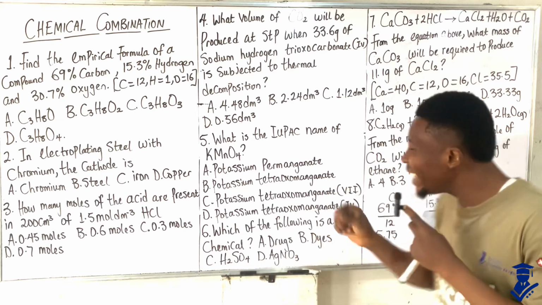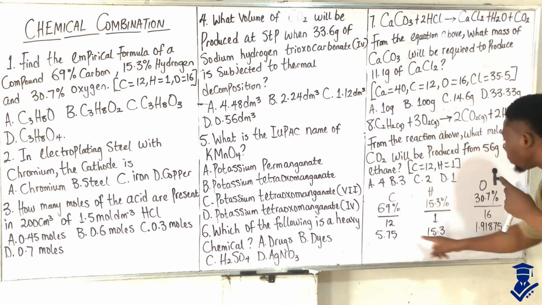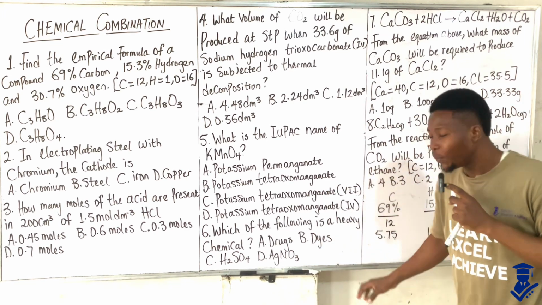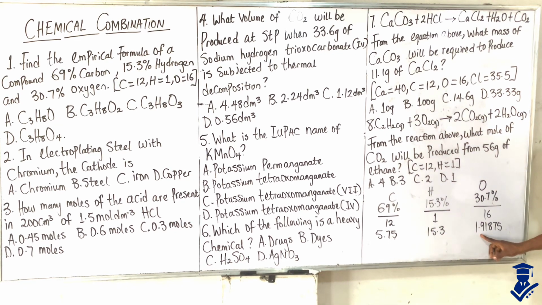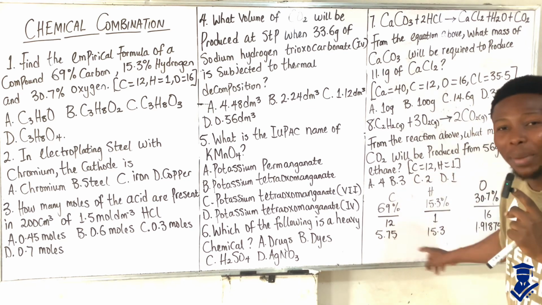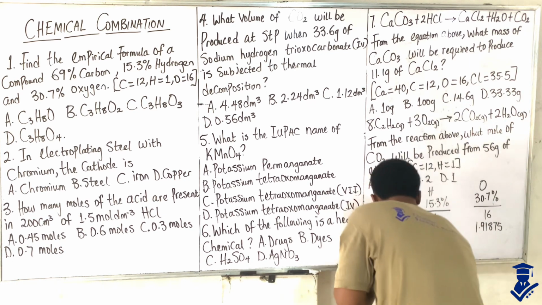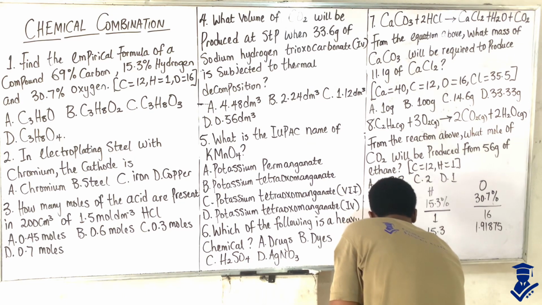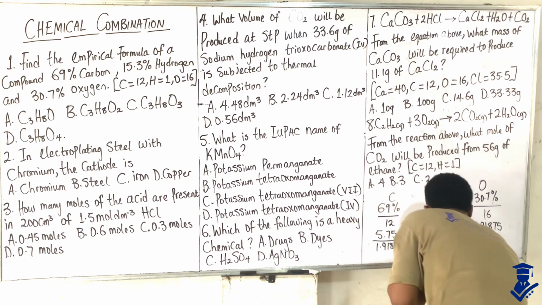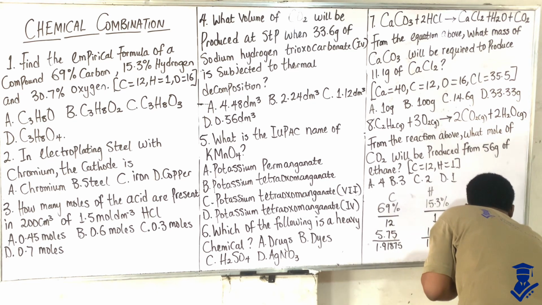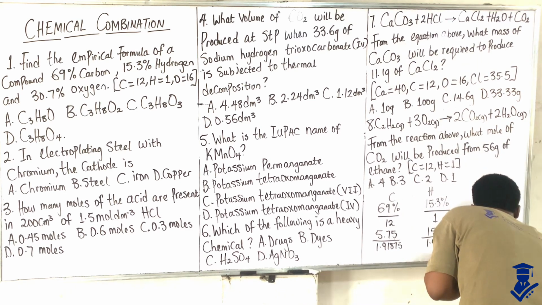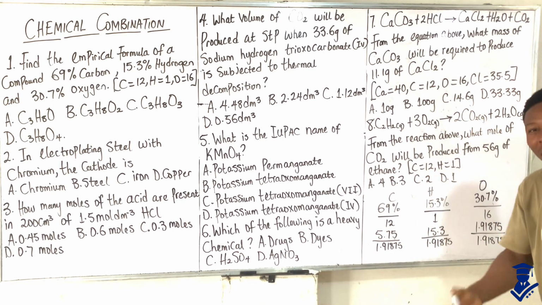Now, the next step: we're going to divide each of them by the smallest. If you look at it very well, you find out that the smallest here is 1.91875. So we divide each of them by 1.91875.